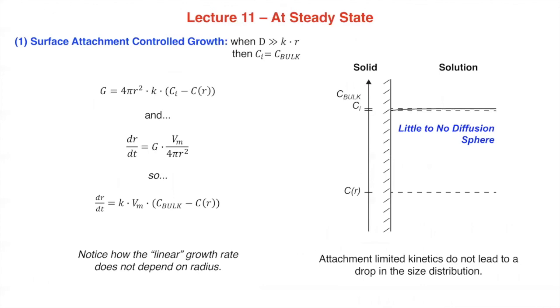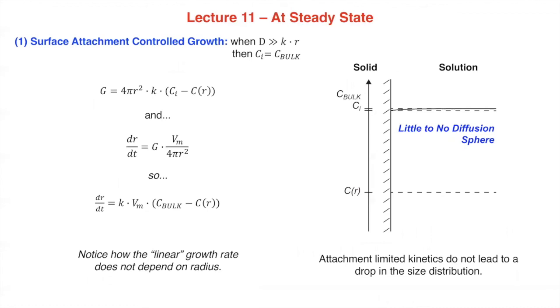All right, so let's consider the other case now. This is the case where you have surface attachment controlled growth. And so this is where diffusivity of the monomers is really fast, at least compared to their attachment. So the monomers reach the crystal surface and they're kind of rejected because attachment is really slow. There's some kind of barrier to attachment.